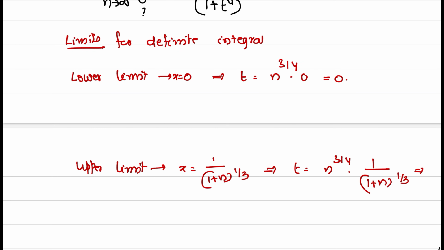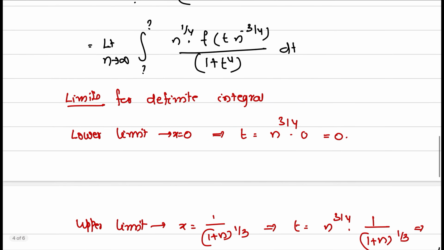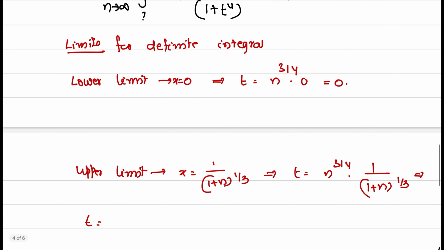That implies t is equal to n to the power of 3 by 4 divided by 1 plus n to the power of 1 by 3.